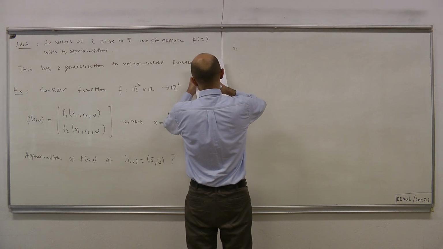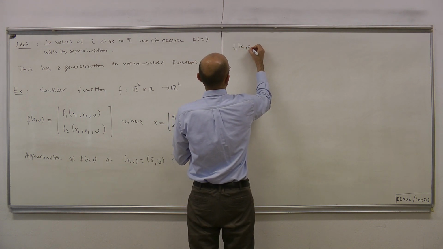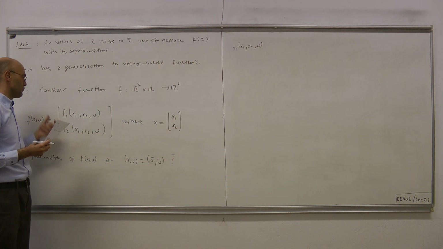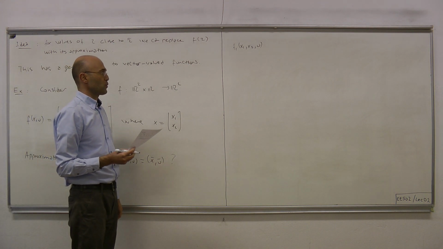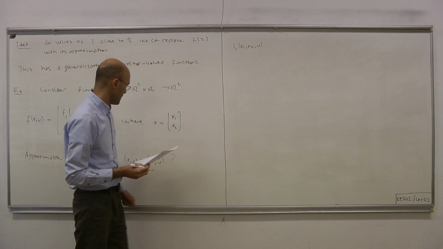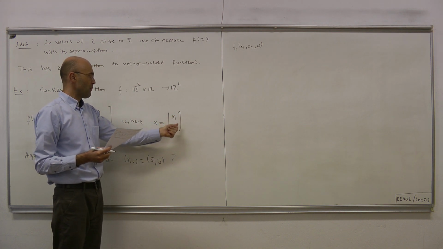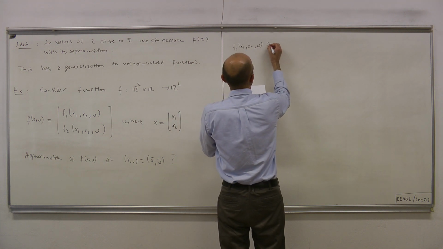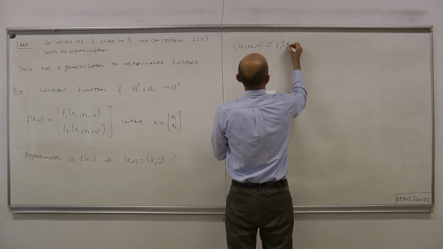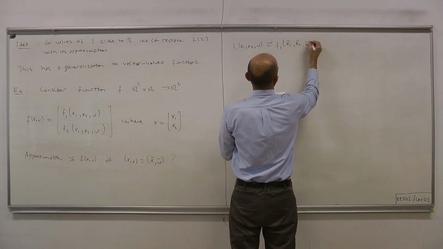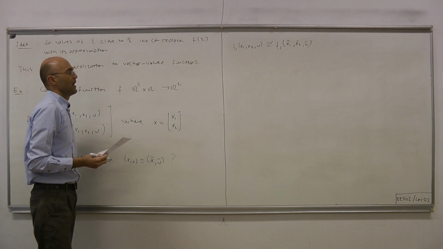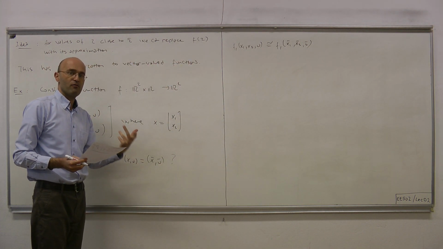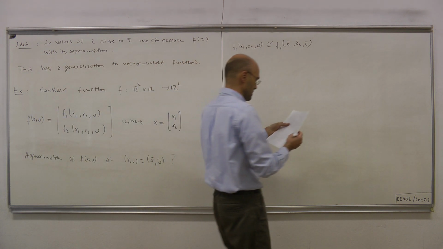So f1 of x1, x2, u. This function, which is the first entry of our vector valued function here, can be approximated at this point x bar, u bar, or x1 bar, x2 bar, u bar, as follows. f1 at x1 bar, x2 bar, u bar. Okay. This is the value of f1 at that point where we're performing the linearization or approximation.